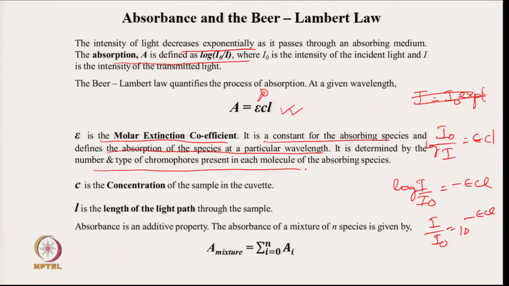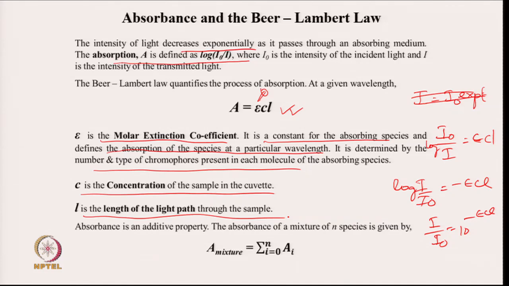And we have already talked about what factors intensity in a spectra depends on. Basically, epsilon depends on all those factors. C is the concentration of the sample in the cuvette, L is the length of the light path through the sample.